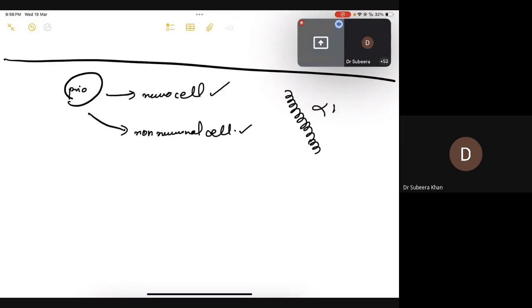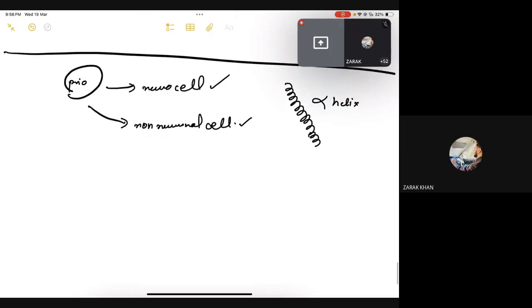Alpha helix. This is the normal variant of prion protein. Is that clear? Yes, it's clear.